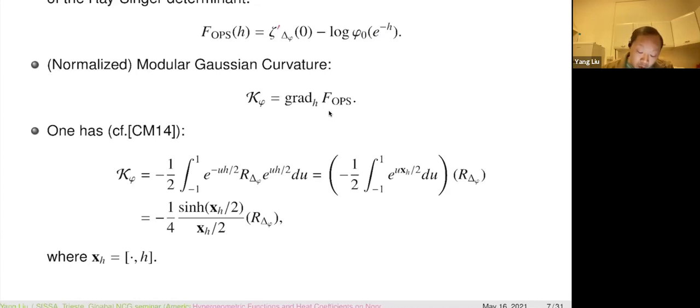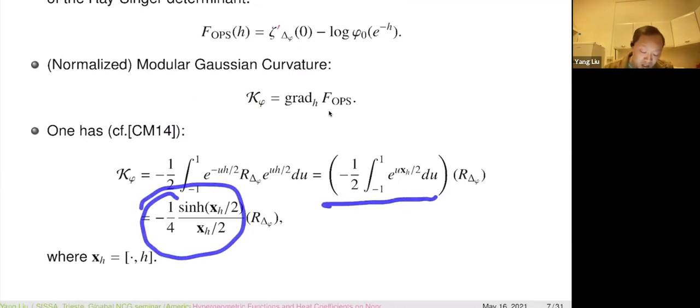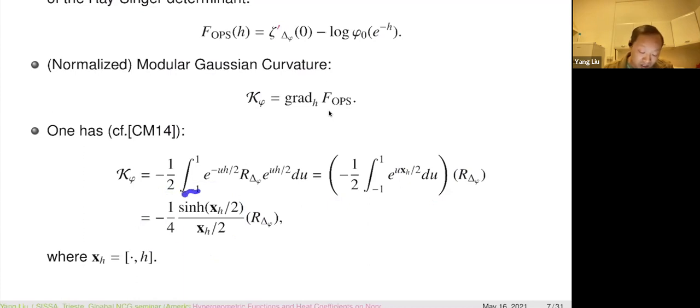Now if you view x as a pure variable, right? You compute this integral, and then you see this operator can be written in terms of a functional calculus, and the underlying function is such a sinh function. It's quite an interesting function. For example, it's the same function used to produce the A-roof class, right?